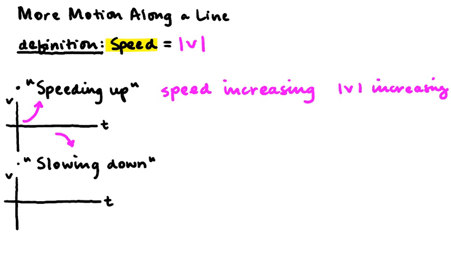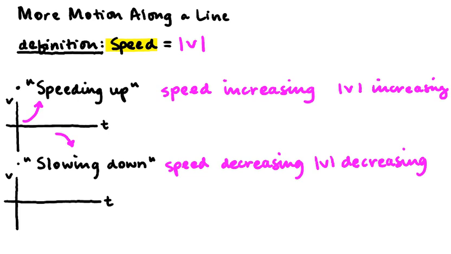And in the same way, slowing down means speed decreasing, or the absolute value of v decreasing. Well, if the absolute value of something is decreasing, that means it's getting closer to 0. So we're getting closer to 0. But it could also be like that.